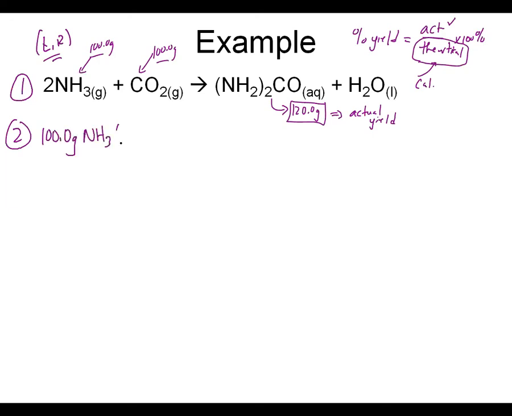We're going to use the molar mass from the periodic table of NH3, which I hope from the top of my head is 17.03. We're also going to do grams of CO2, which is 44.01 from the periodic table. Again, these are the same numbers that we used previously. And we will get 5.872 moles of NH3.